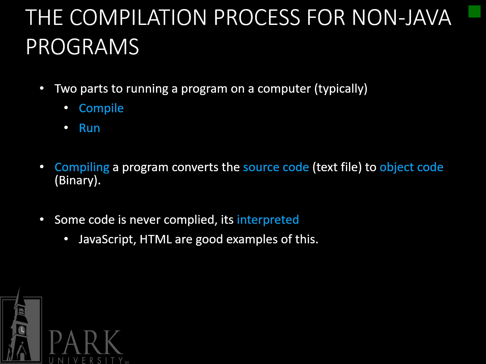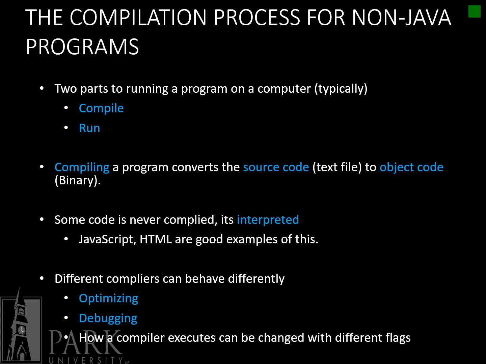So like HTML, when you run HTML code in a browser, it goes line by line, looks at what you're telling it to do and then does it and then goes on to the next line, versus a compiled program, which reads in the whole program, translates it into object code, and then you have a separate file, and then you can run that file. So that's the difference between compiled and interpreted.